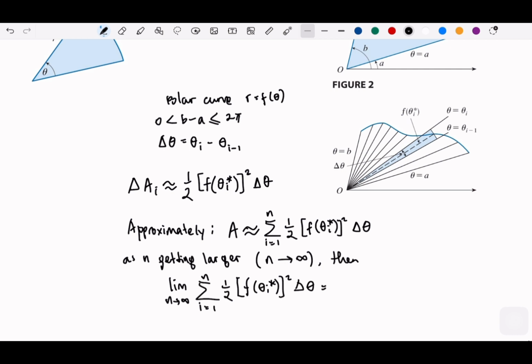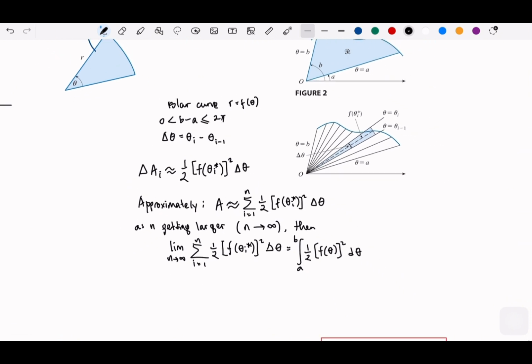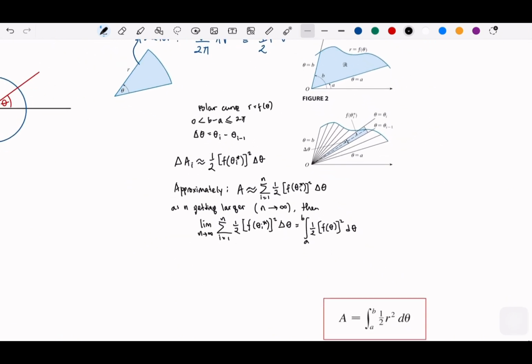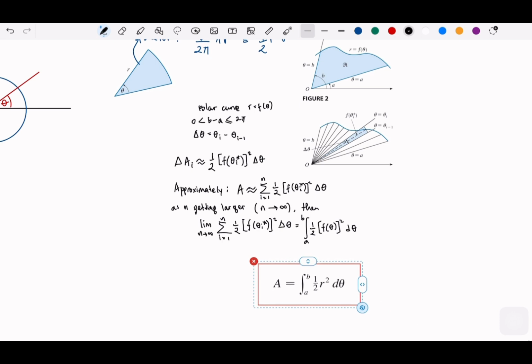This will equal the integration from a to b of half the function of theta squared d theta. Or you could see that this equals this. Okay.